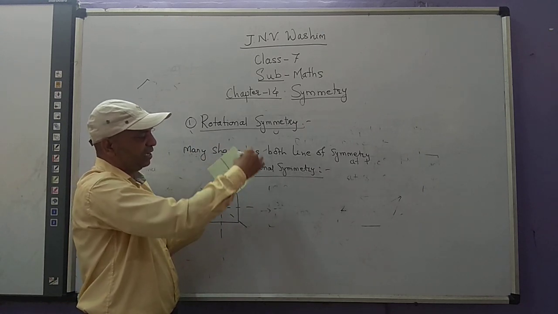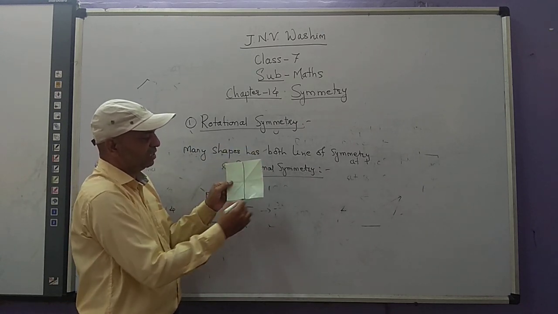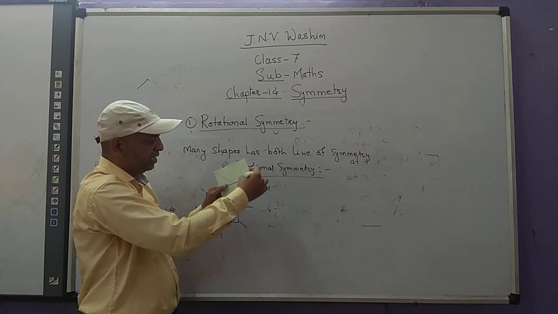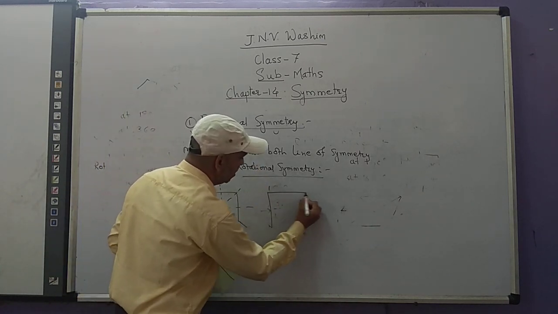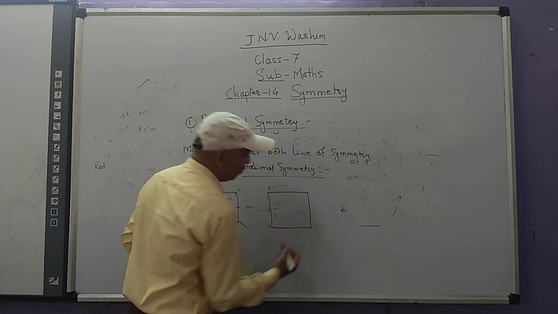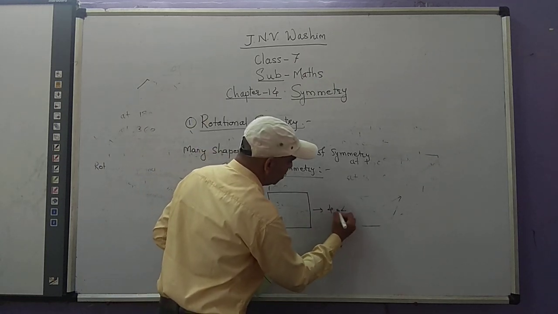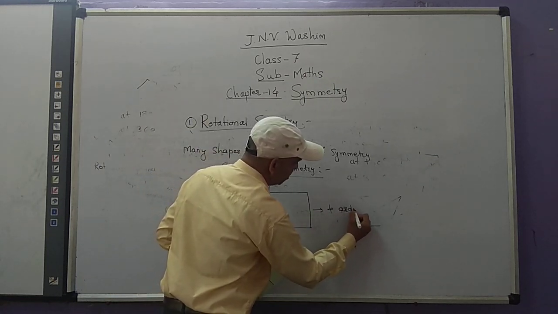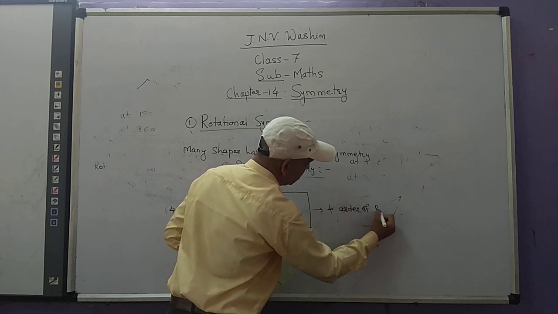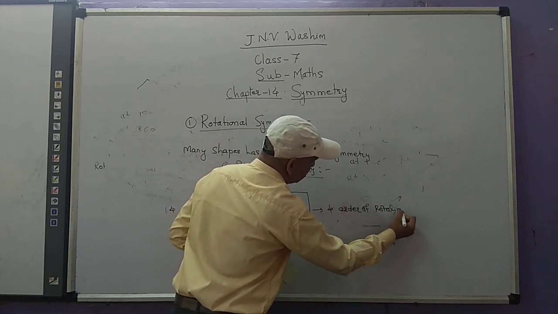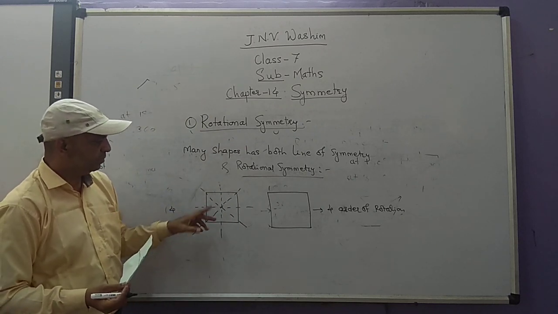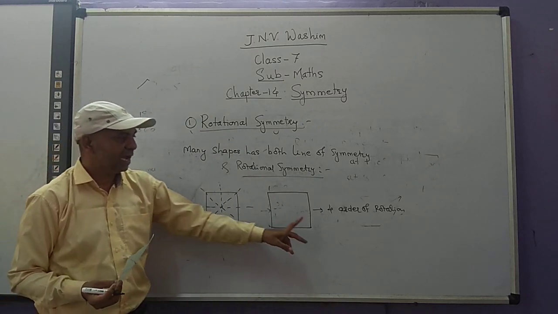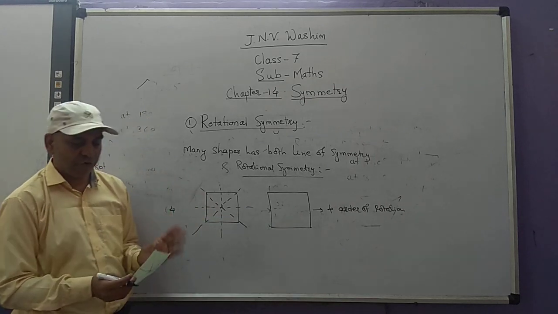When again through 90 degrees, it looks like a square also. Again 90 degrees, square. This means the square has order of rotation 4. So the square has both. There are four lines of symmetry and the order of rotation is 4.